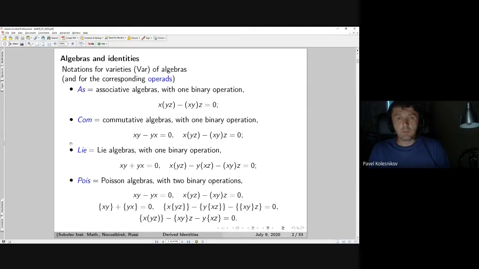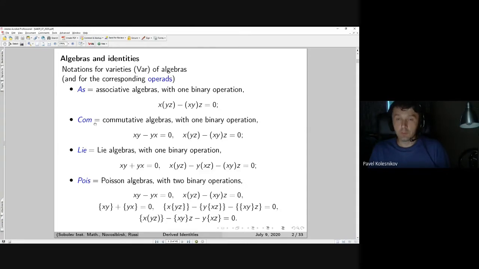I will use the following notations for classes of associative and non-associative algebras, not necessarily with one operation. I will also mention Poisson algebras with two operations, but mainly the algebras are with binary operations. As I will use for associative algebras, com for associative and commutative.